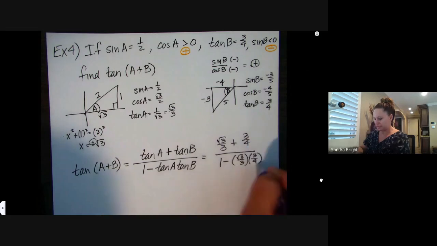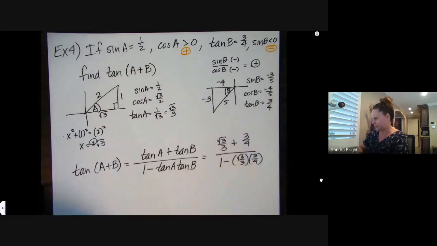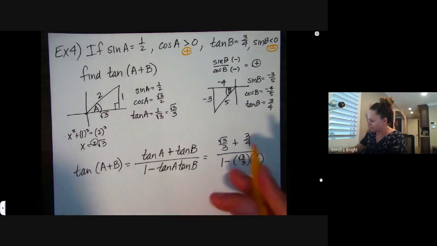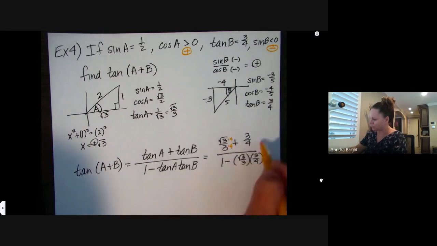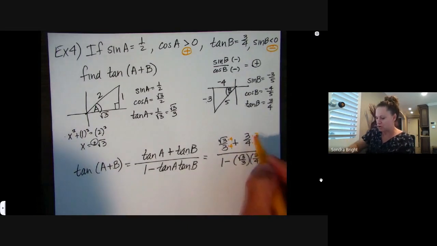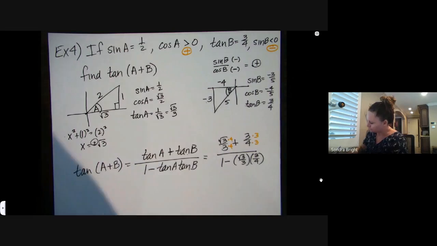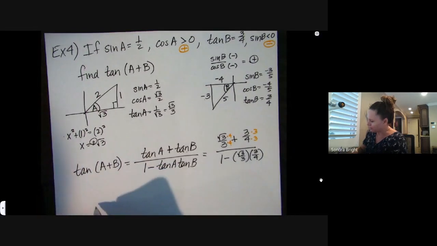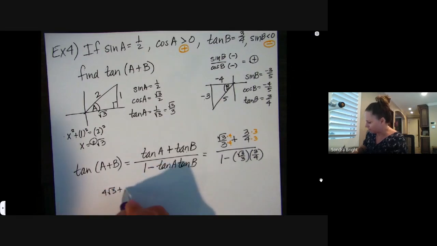Okay, so now we've got to clean this stuff up, right? In order to add these two together, you need a common denominator. So I would have needed to multiply by 4 over 4 and this one by 3 over 3 so that my numerator becomes 4 rad 3 plus 9 over 12.